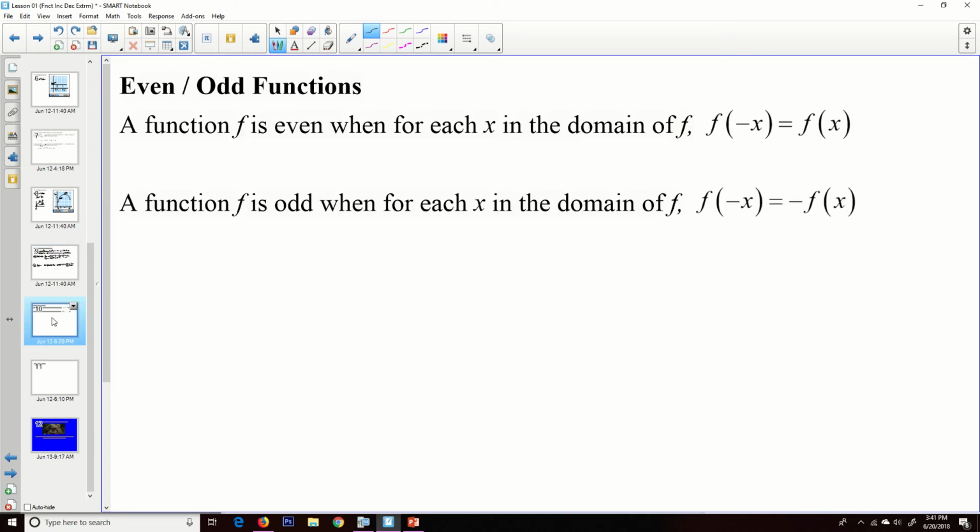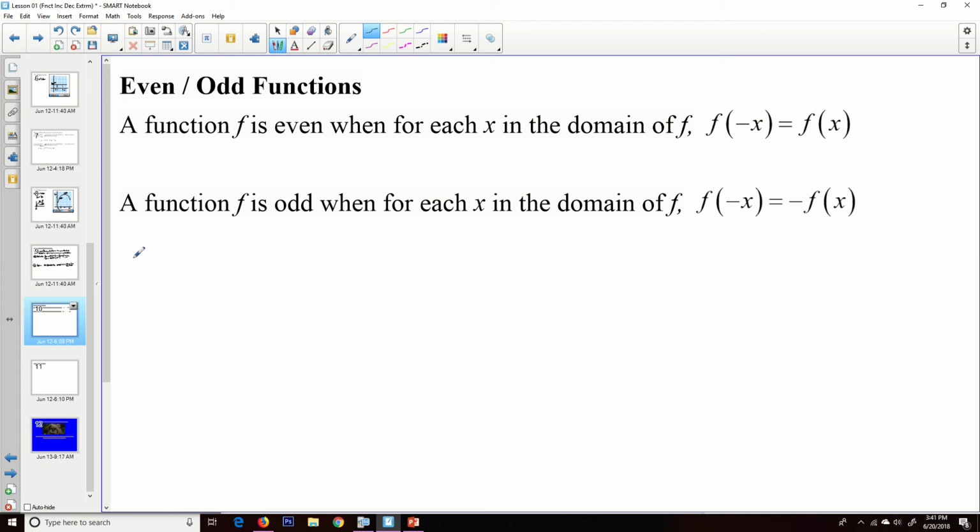Finally, even and odd functions. A function f is even when, for each value in the domain of f, if you were to plug in a negative x value, you would get the original function back out. And a function is odd when for each x value in the domain of f, f of negative x is equal to negative f of x.